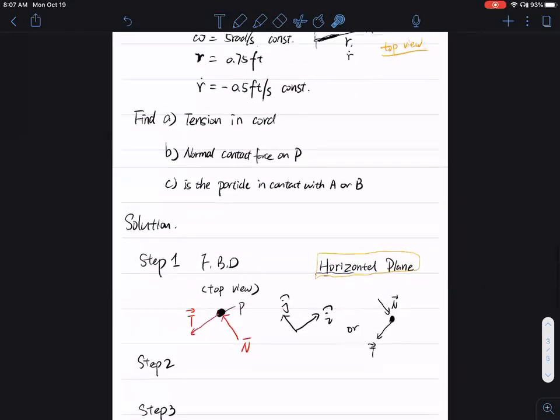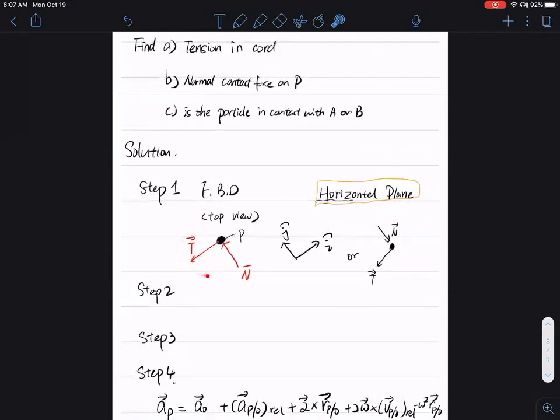Yes, so we don't know the direction of normal force. That's what this problem is looking for. We're looking for, does the normal force come from surface A or surface B? So the direction of normal force is unknown.